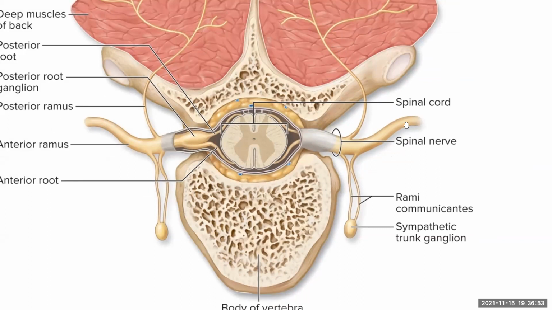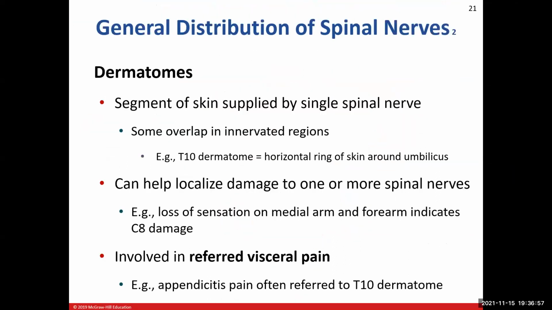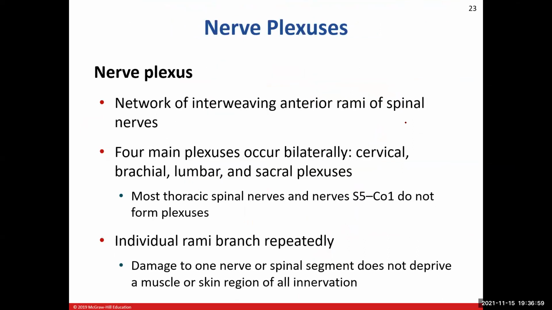Well, what we see with a plexus, it's going to be the interweaving of all these anterior rami that came off the spinal nerves. And it creates this kind of network of branches.